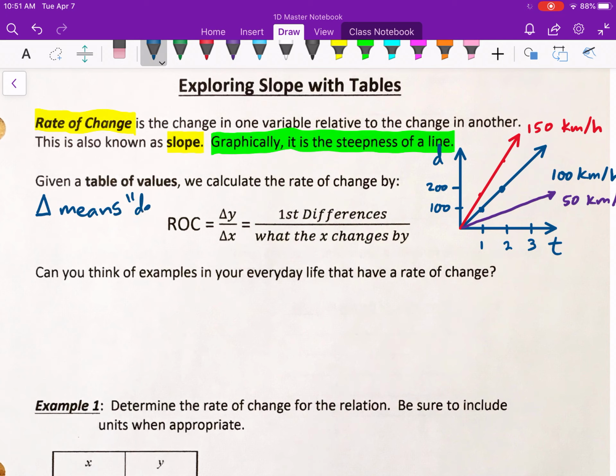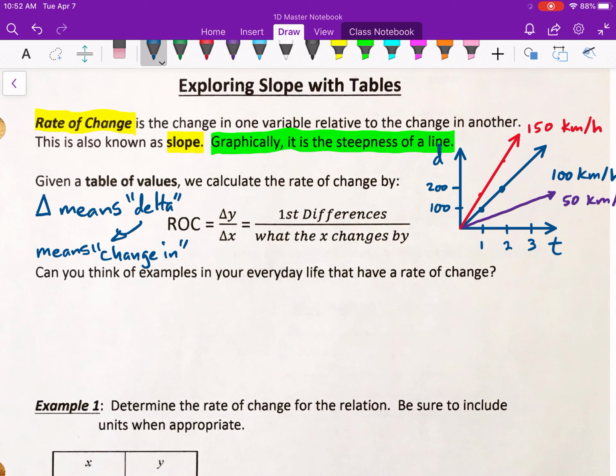Triangle means delta, and that means the change. Okay, so delta y means change in y. Delta x means change in x. So rate of change can be defined as the change in y divided by the change in x.